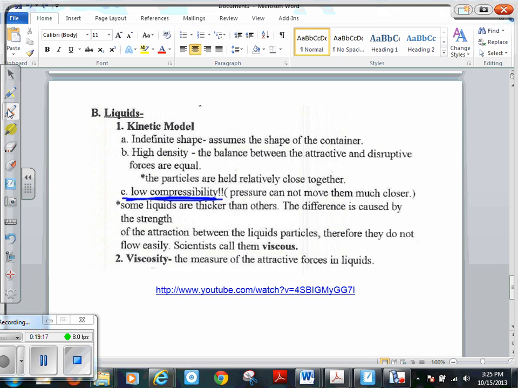It's not compressible like a solid, but you're able to change shapes, so you can use them in hydraulics and other types of situations. So we talked about viscosity already, right? The measure of the attractive forces in liquids. The more thick a liquid is, the more viscous it is.